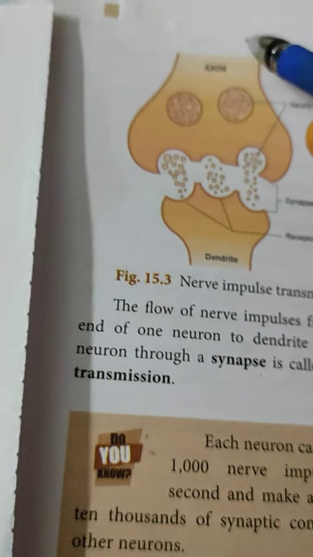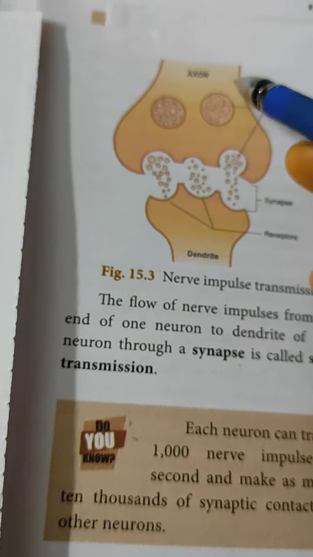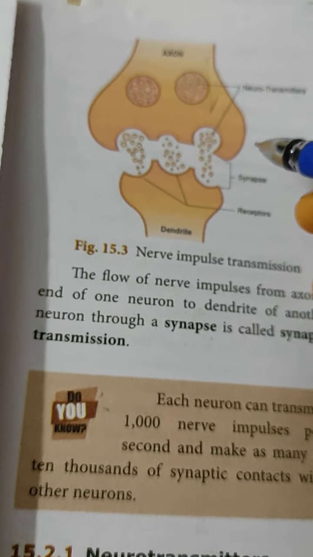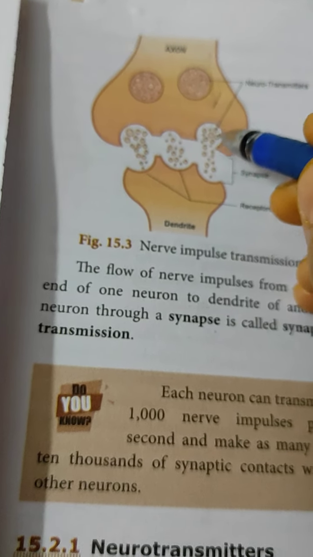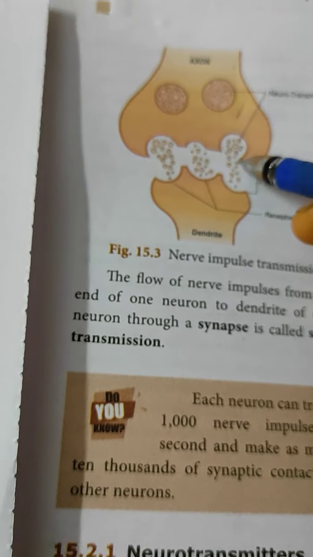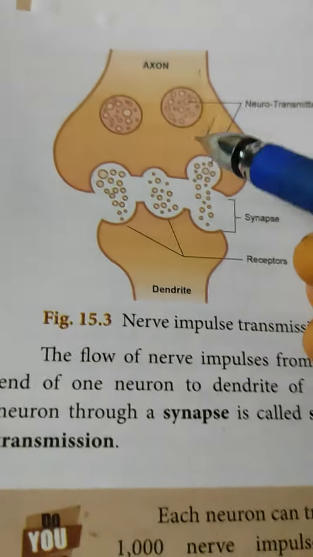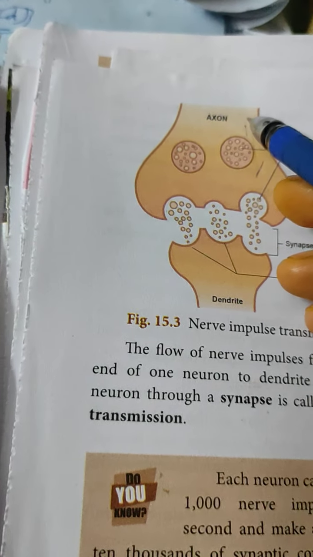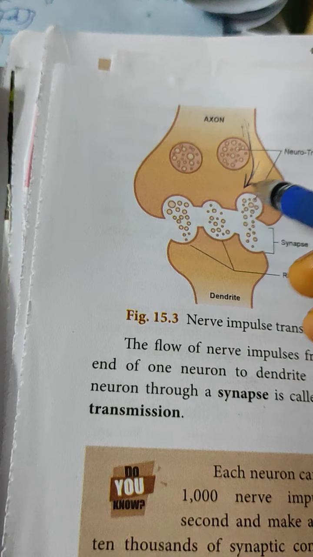So when the stimulus reaches the synaptic knob of the terminal region of the axon, from this terminal region or synaptic knob, a chemical substance will be released which is called neurotransmitter. Now what is happening? From the dendrites to the cyton to the axon, the stimulus will be passing through.